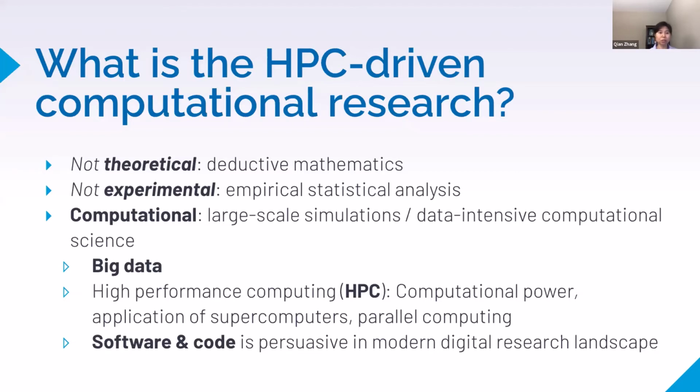Especially HPC-driven computational research not only covers huge amounts of data sets, but also includes the computational power of high performance computing, which is an application of supercomputers as a practice for aggregating computing power in a way to solve computational problems that are either too large for standard computers to solve or would take a very long time to complete.